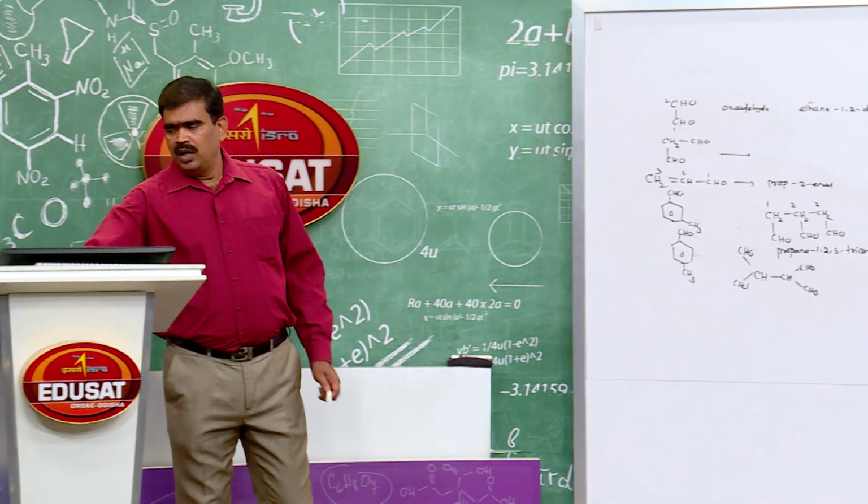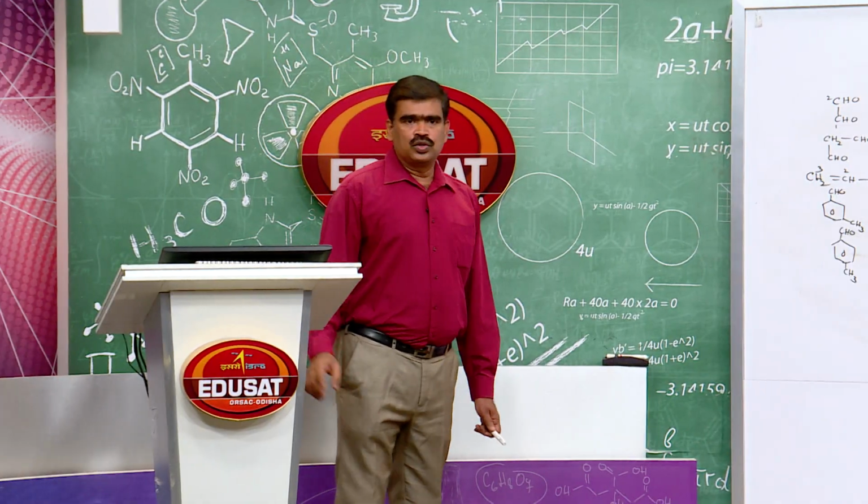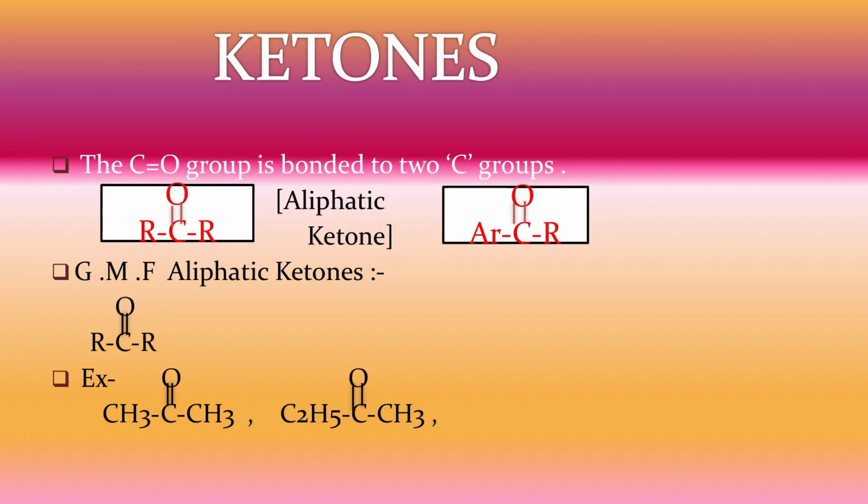Next, move to the nomenclature of ketones. Okay? Ketones, you know, the general molecular formula is RCOR', the functional group is CO, meaning keto or oxo, and the suffix is one. In the common name there are two alkyl groups on both sides. If they are similar, you call it a dialkyl ketone.